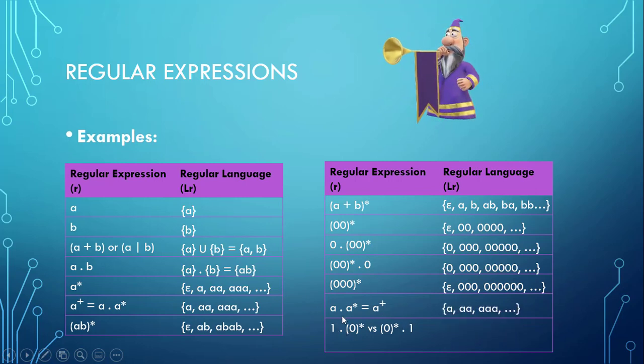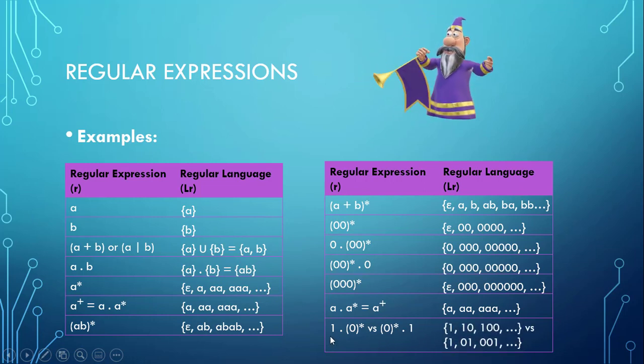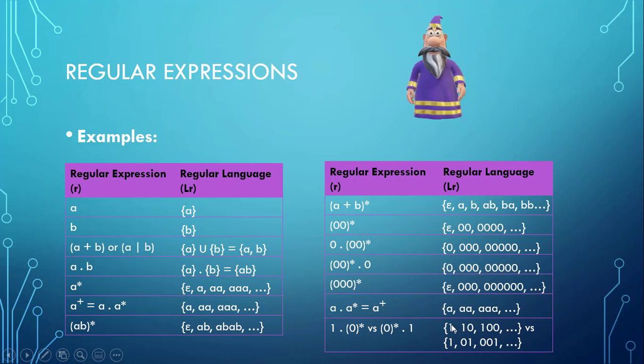Next is A dot A star, that is starting with A. This and this expression will give us the same output, that is A, AA, AAA and so on. Now let us understand the difference between starts with a particular expression and ends in a particular expression. So here when we have 1.0 star, it will have 1, 10, 100 and so on.